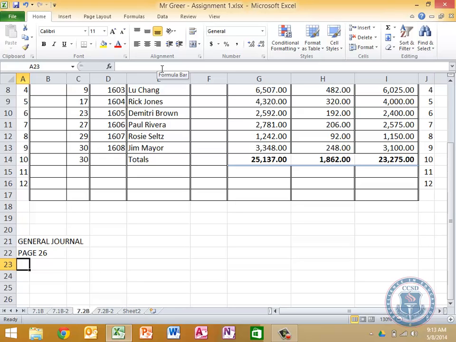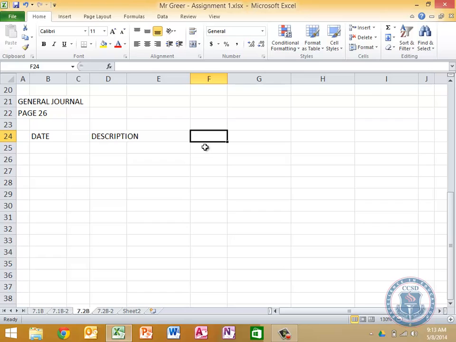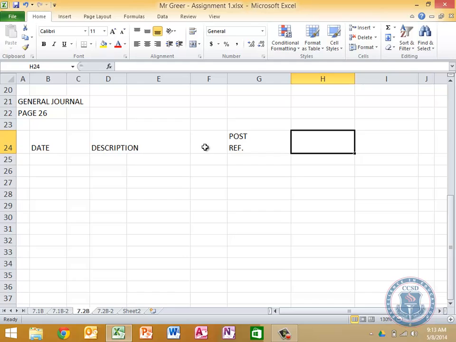Now to create a general journal, skip a line. Come over here, we're going to say date, description, let's see here, let's do a posting reference. Remember that Alt-Enter will get you that second line, debit and credit.